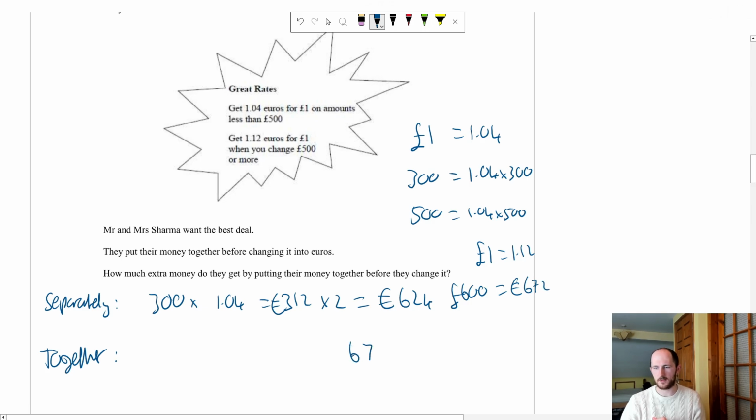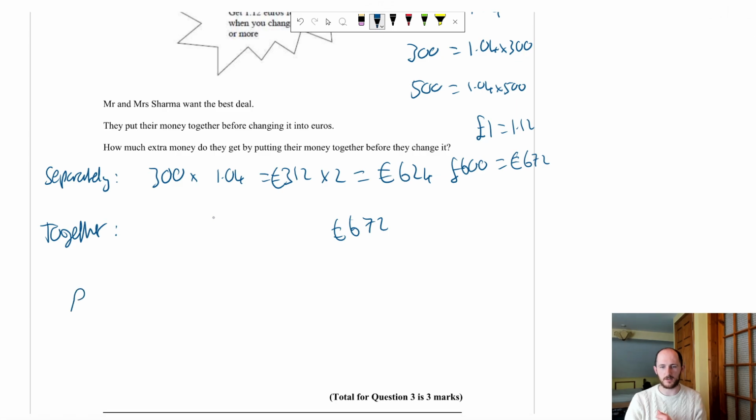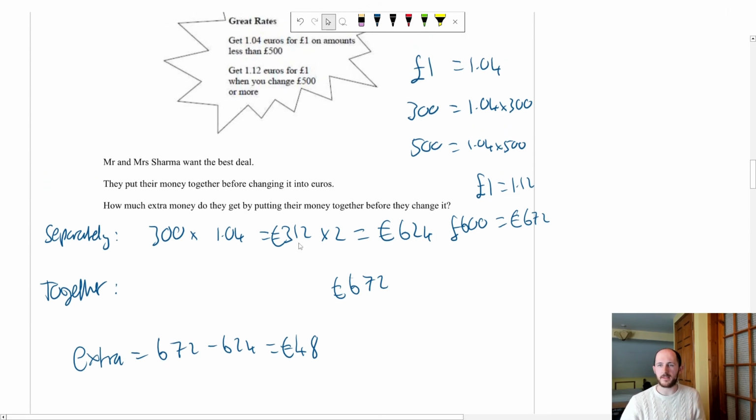That's 672 euros. So the difference, extra money, so I could write extra, is just equal to 672 minus 624, which is 48 euros. You could convert that back into pounds if you want, but there's no need to, so I wouldn't personally bother.